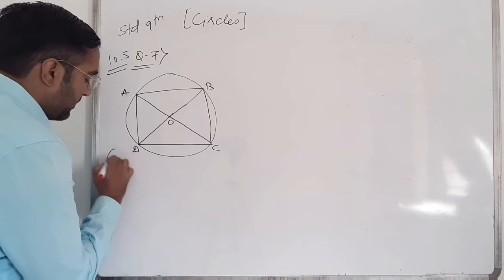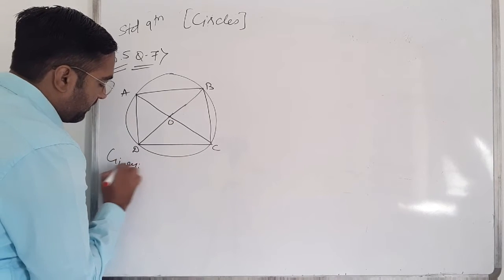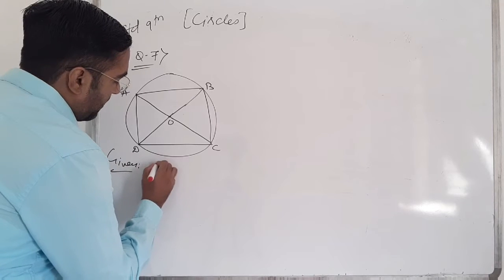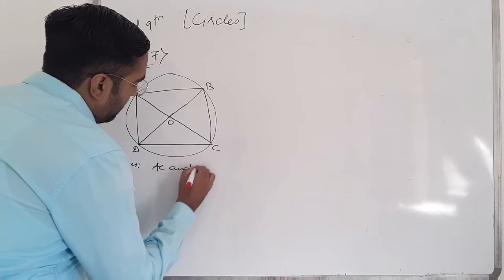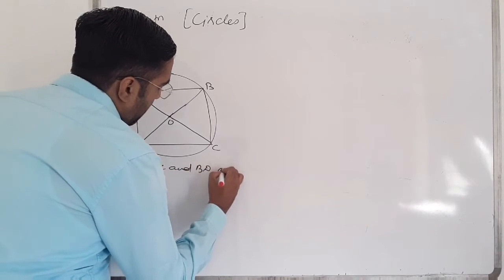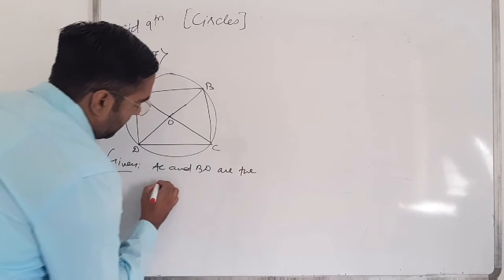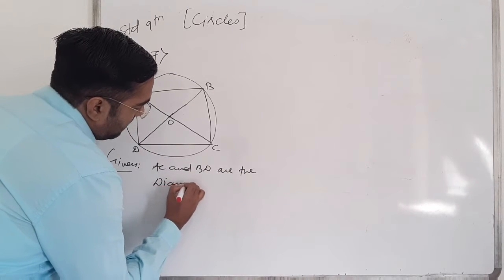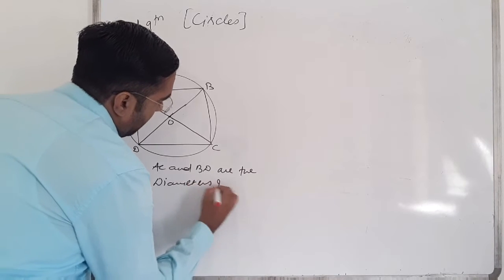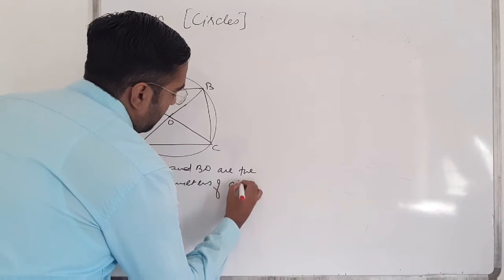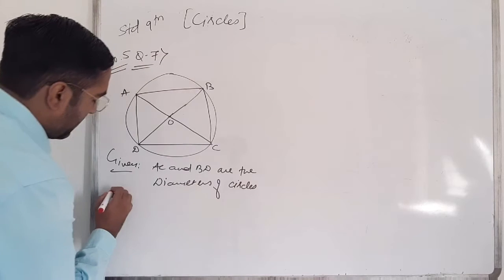Here, given: AC and BD are diameters of the circle.